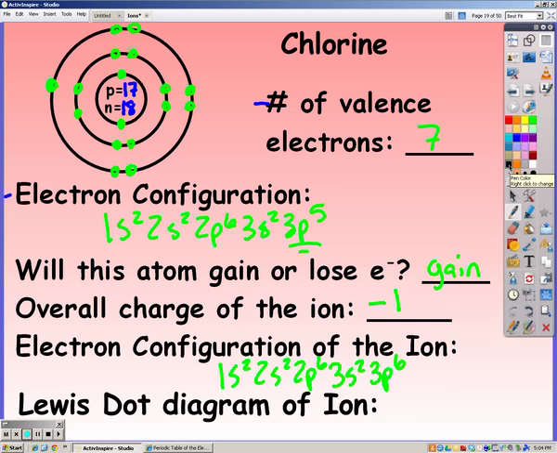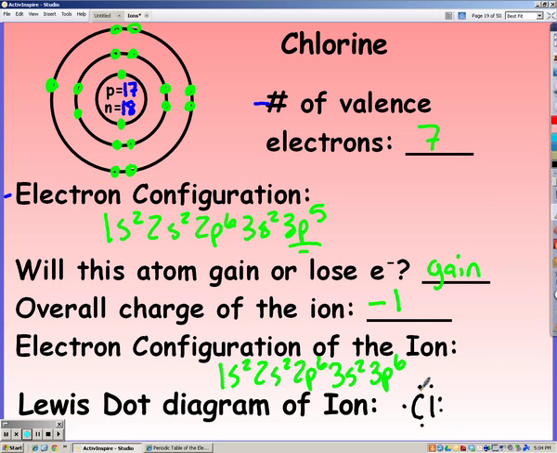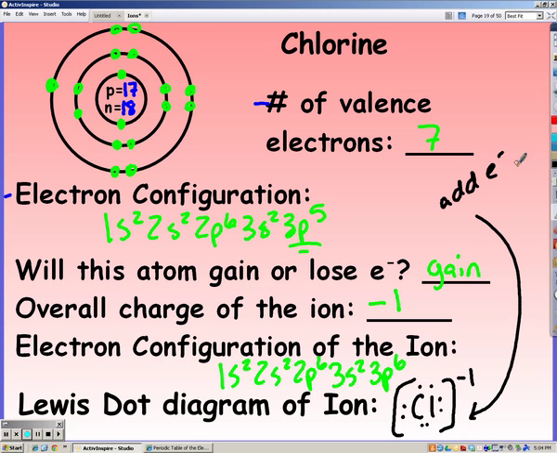Anytime you gain electrons, you have to have as many dots as the atom, which was 7, and then you just add as many as it gained, in this case 1. Make sure you have brackets and the charge on the outside. So anytime it's negative, add electrons. Anytime it's positive, then you're going to subtract electrons or erase them.